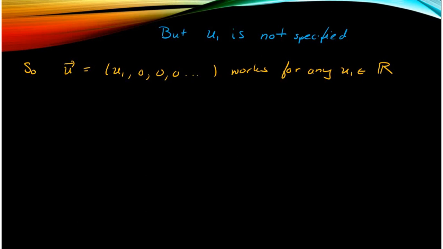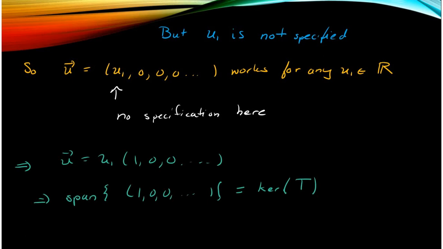And of course u1 can be any real number. So I can do the same business I do for finite dimensional matrices: I can factor out that u1, and that's the parametric form. So I really have that the null space turns out to be the span of the vector 1, 0, 0, 0, 0, repeating forever. So that's the kernel. It's the span of this vector.